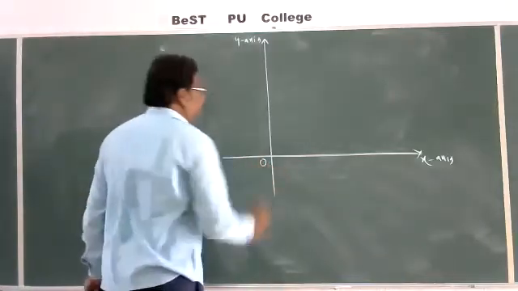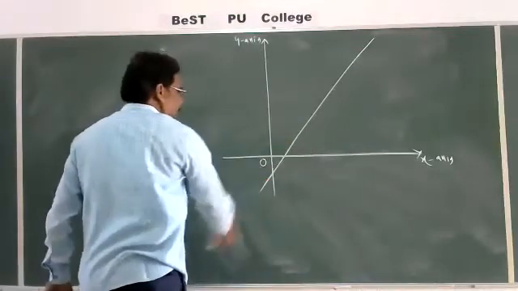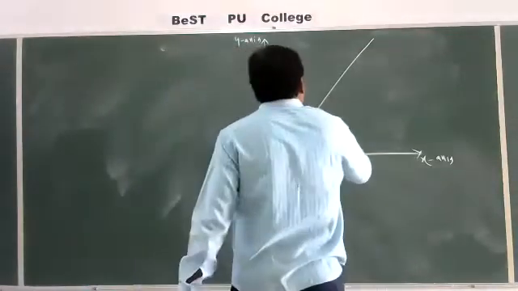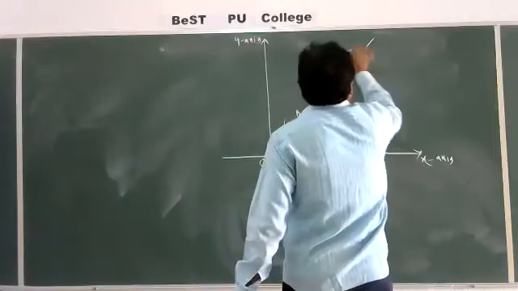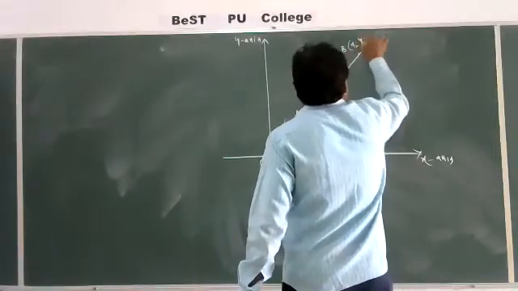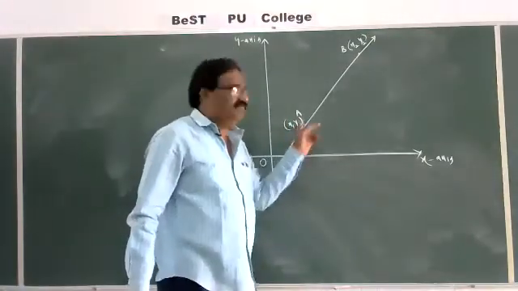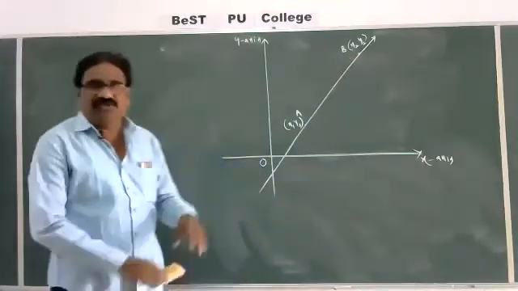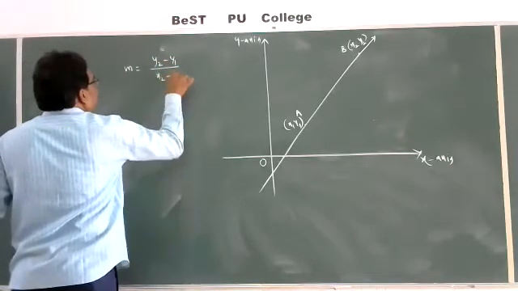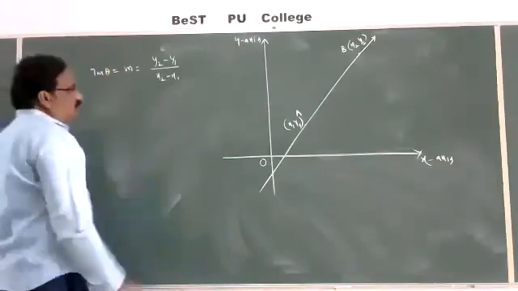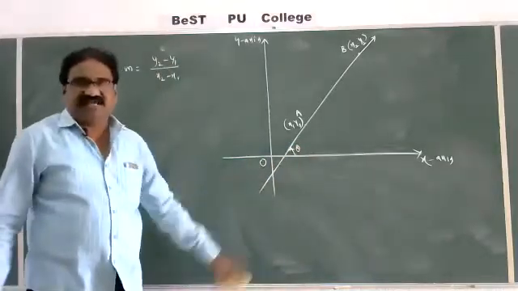This is the origin, and this is the line, any line like this. For example, here A is the point, with coordinates x1, y1, and here there is a B point, with coordinates x2, y2. This is the straight line passing through the points A, x1, y1 and B, x2, y2. We want to prove that slope m is equal to y2 minus y1 by x2 minus x1, that is tan theta. This line makes an angle theta in the positive direction of x-axis, that is the inclination.